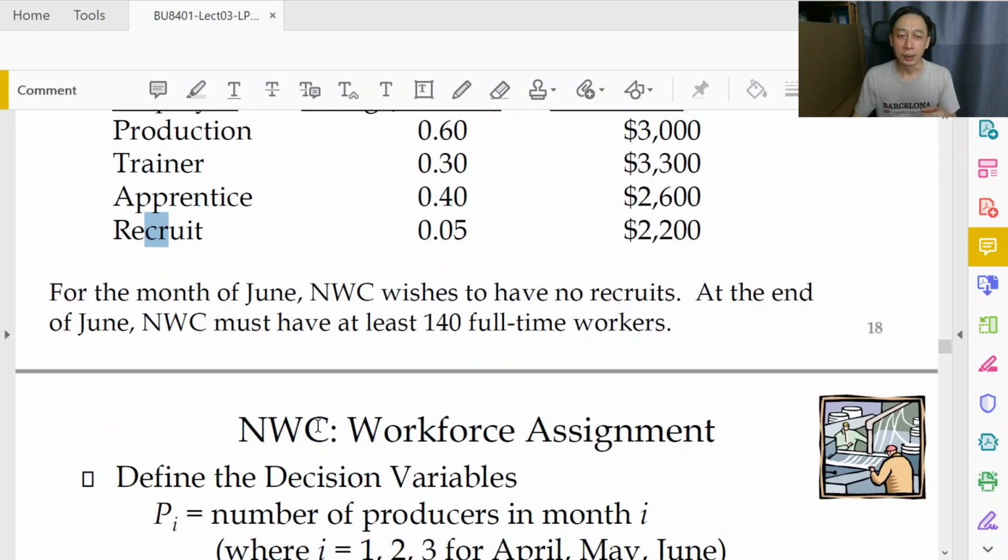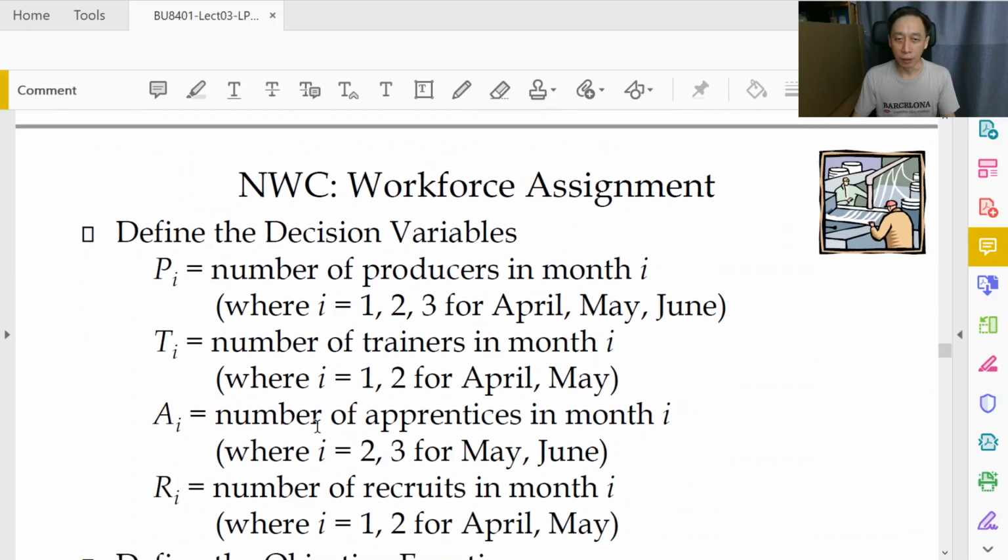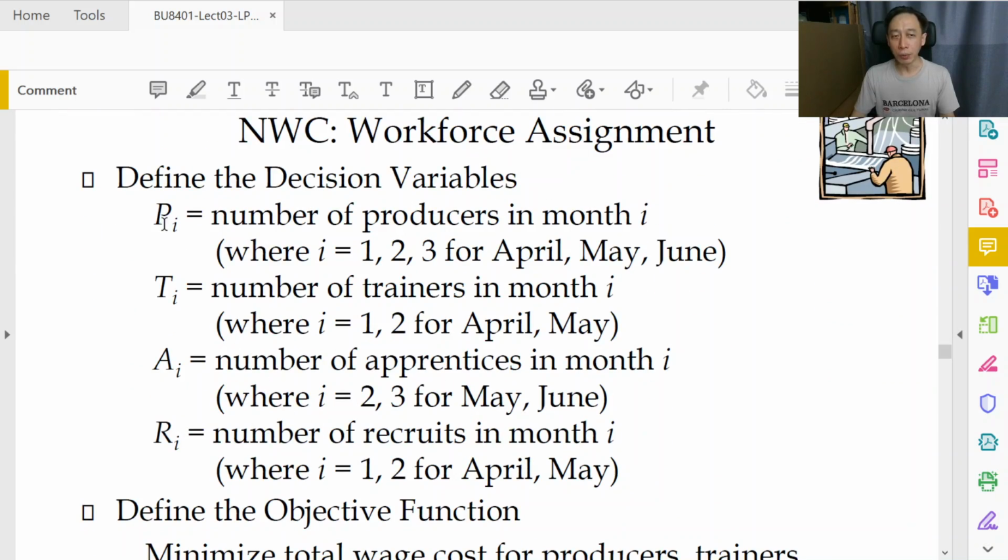So let's take a look at the offered solution here. So indeed, we have 4 types of counts of different 4 kinds of workers for each of the months. That's the basic idea, basic thinking. But we know that, for example, at the start of the 3rd month, we will not be hiring, right? So in June, we will not be hiring.